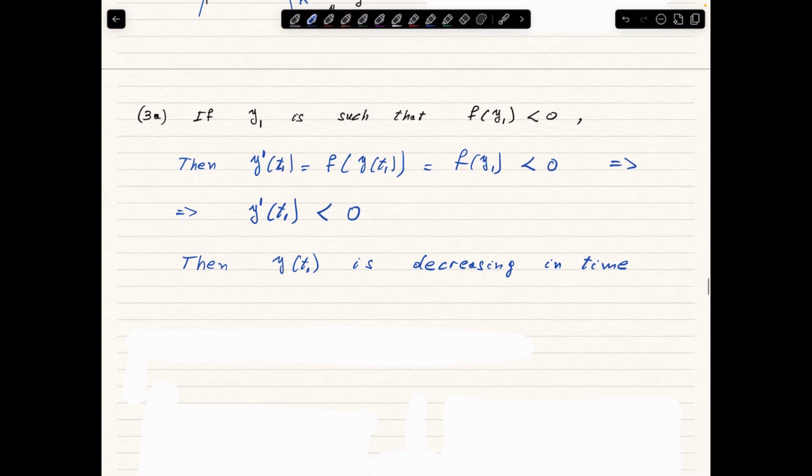You see, we are only understanding what the equation means. And then for any t2 bigger than t1, but close enough, what is going to happen?